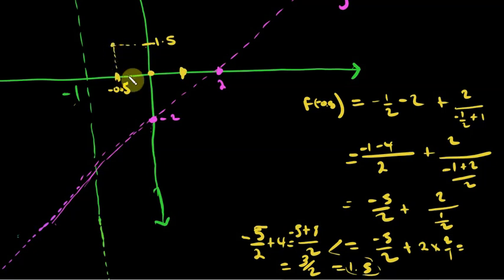There we go. So now we have an idea of the direction of our graph. Now I can just roughly sketch it.